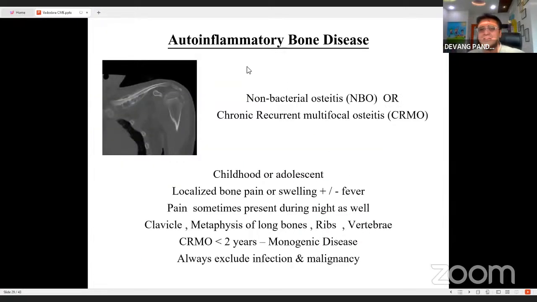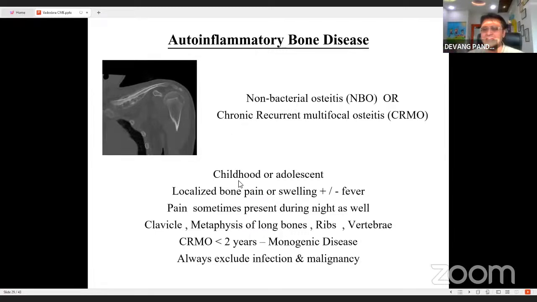And the last category is autoinflammatory bone disease, which is collectively known as non-bacterial osteitis. This is the opposite of osteomyelitis, because osteomyelitis is an infectious bone involvement, but this is autoinflammatory, so inflammatory bone involvement. It is known as NBO or CRMO, and there are multiple names.